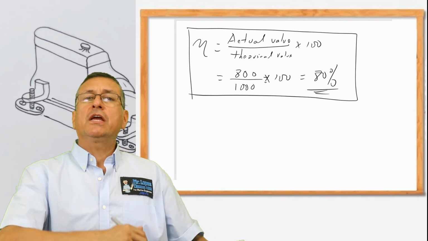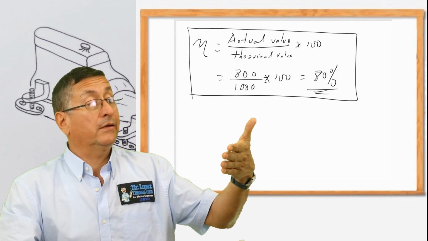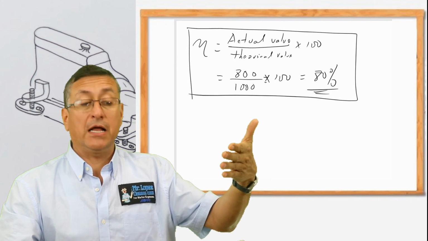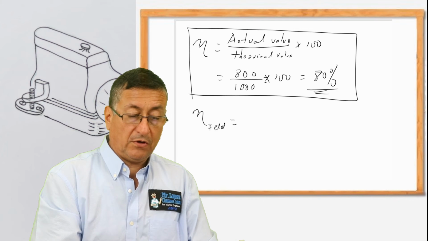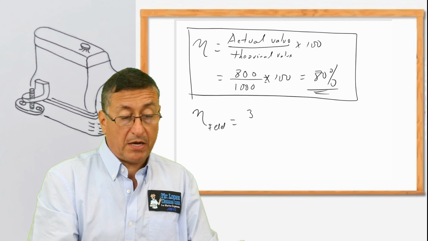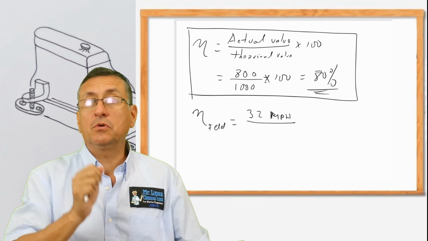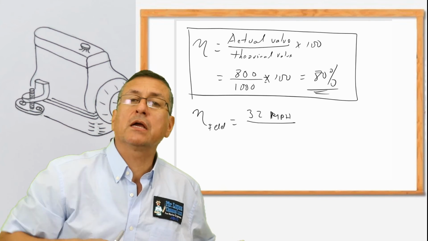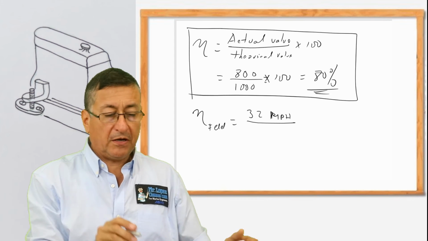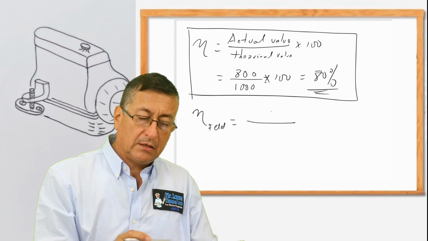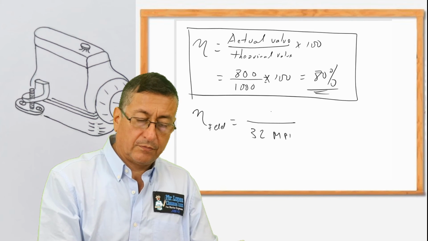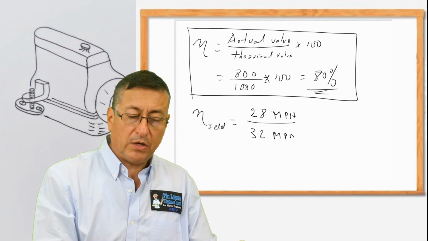And you can calculate the fuel efficiency. What is the theoretical fuel efficiency of this car? It is 32 miles per gallon. According with the manual, the theoretical is 32 miles per gallon. And you do the measurement: you put fuel in the tank, you check with the odometer, and you verify that in reality the consumption is 28.